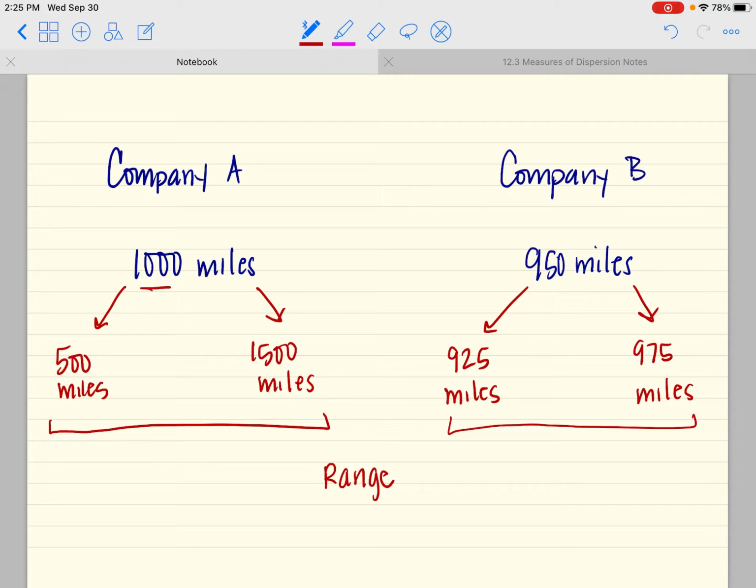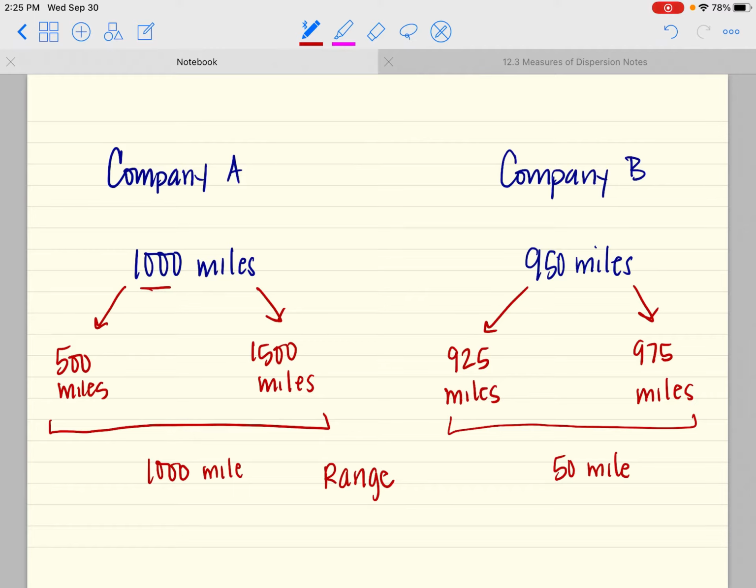So 1,500 minus the 500 is a range of 1,000 here. There's 1,000 different options. And here, the range 975 minus the 925 is 50. There's only a 50-mile difference between the cars with company B, but there's a 1,000-mile difference between the cars in company A. That's important to know, okay?